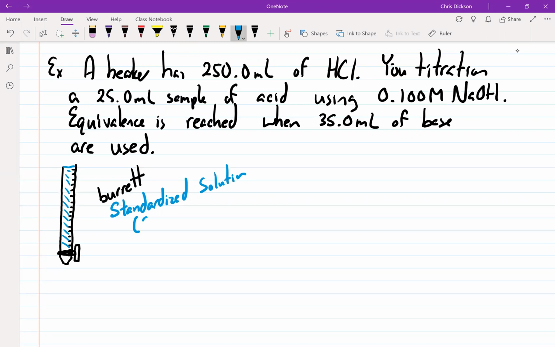Sometimes it's just referred to as the standard. What's important about the standardized solution is that this is the chemical that you know the concentration of. You know what it is and you know its concentration. Basically, you've prepared the standardized solution beforehand, and so you know the concentration.